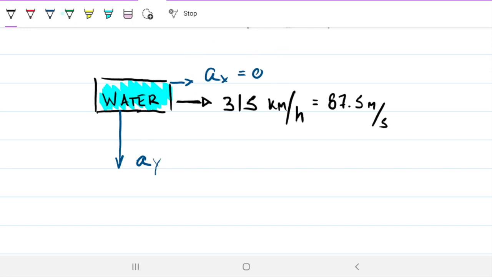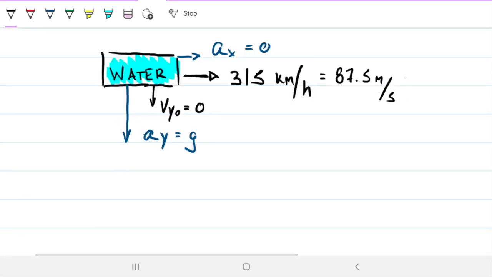But in the y direction we have gravity, so we have the acceleration due to gravity. Velocity-wise, there's no velocity in the y direction, so v0y is 0 because it's traveling in a straight line, and this would be our v0x.